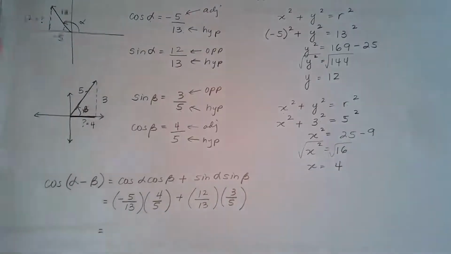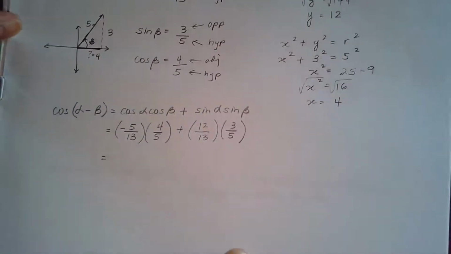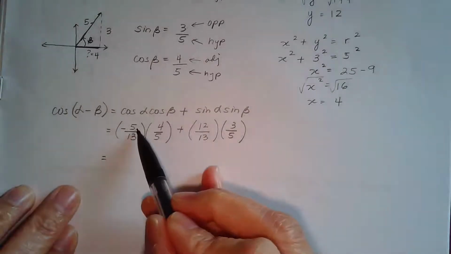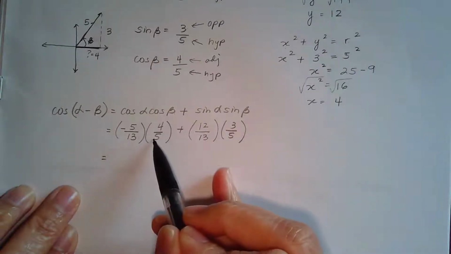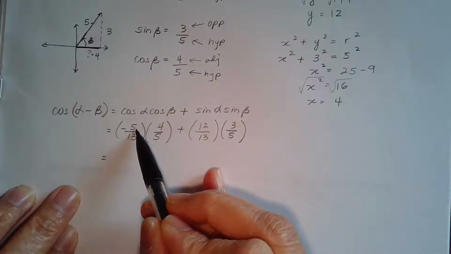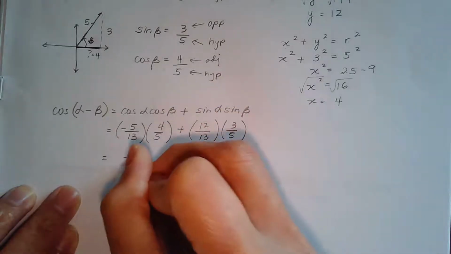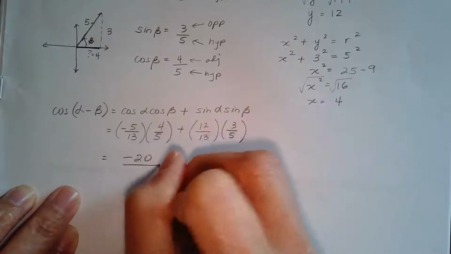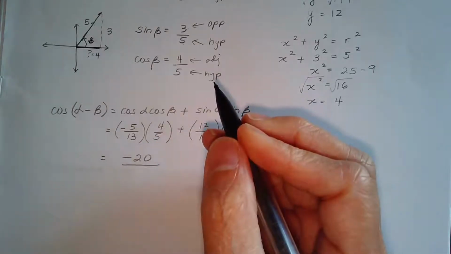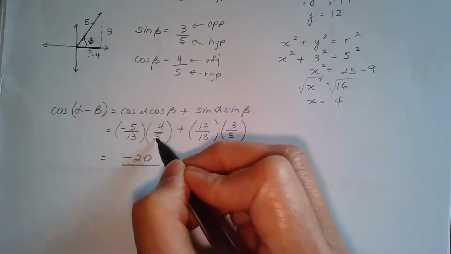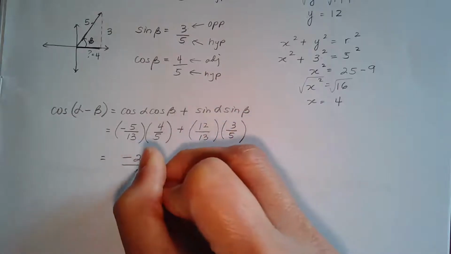Okay, so how do we simplify that? We can just multiply numerators and denominators. So negative 5 times 4 is negative 20 over, how much is this one in here? 5 times 13 is 65.